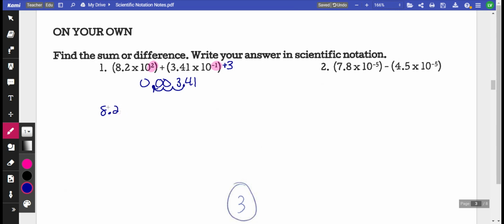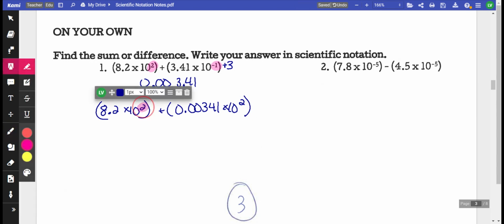So I'm rewriting the first term, 8 and 2/10 times 10 squared, plus 341 hundred thousandths times 10 to the second power. Now we have the same power of 2.